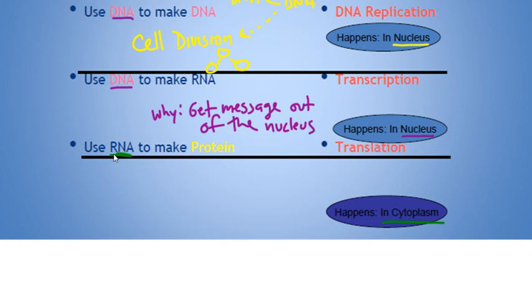Translation, we have RNA, which came from transcription, and that is going to make protein. This is happening in the cytoplasm, with the help of your ribosome and your tRNAs.